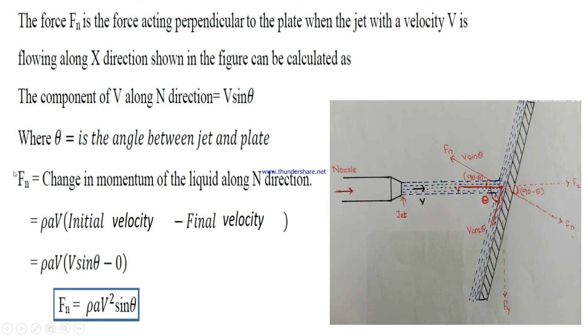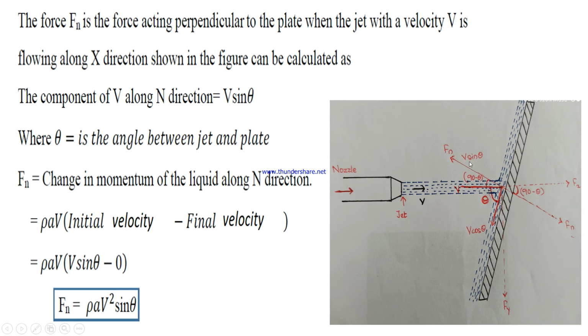In the normal direction, the initial velocity is v sin theta, and the final velocity along the normal direction is 0. After simplifying, we get the normal force equal to rho A v square sin theta. So here we have calculated the normal force.